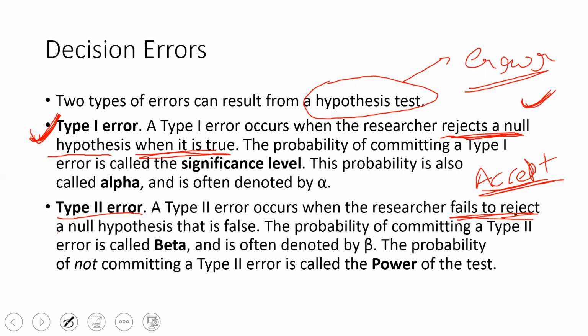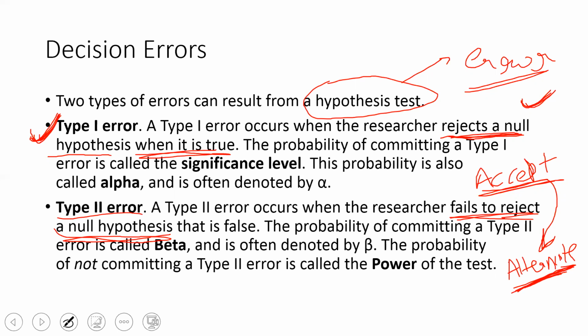What is the meaning of this statement, fail to reject a null hypothesis? Come on, please tell. If the null hypothesis has failed, that means we have accepted the alternate hypothesis, na?